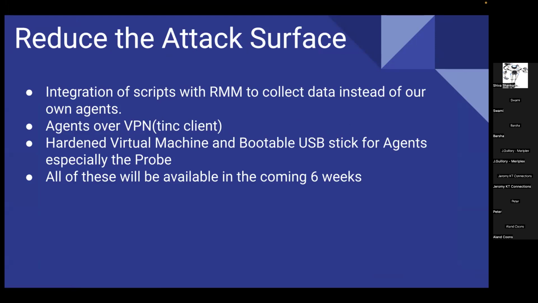That way you have one less agent to talk about, and you can use your existing RMM to get the data from the entire network. We will also be providing you the ability to install a tiny VPN agent and push data over the VPN, if that is useful.